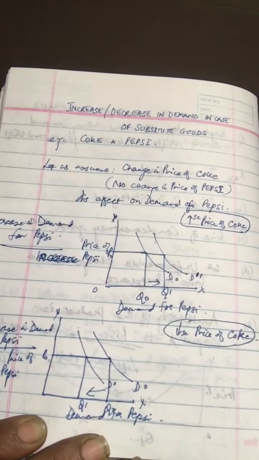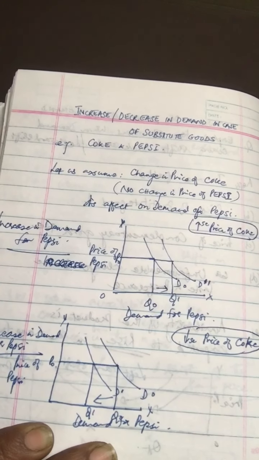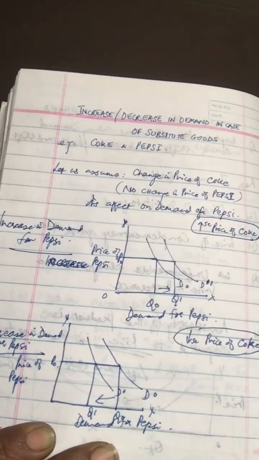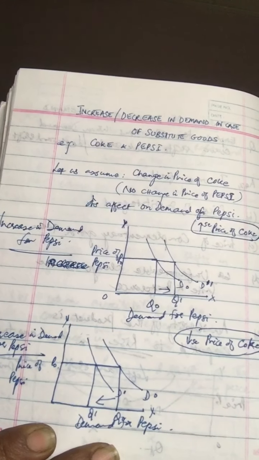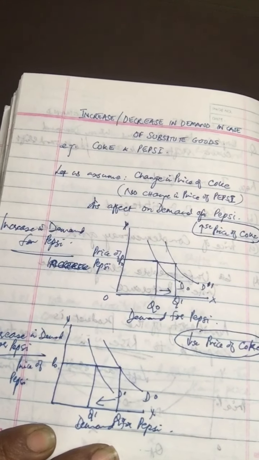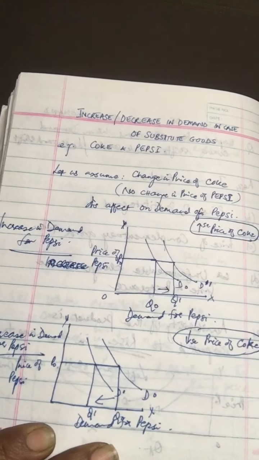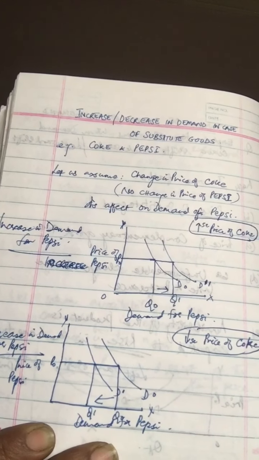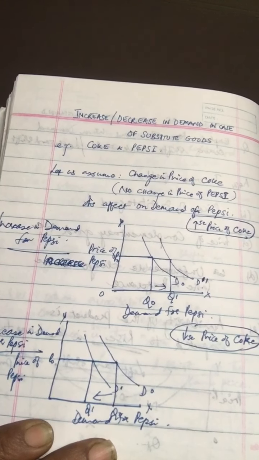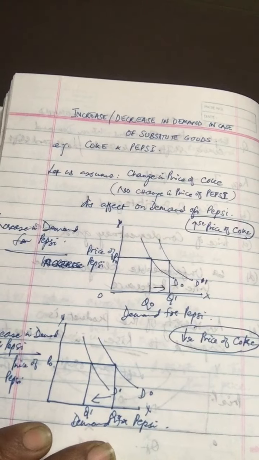So what happens? Suppose the price of Coke rises. Pepsi being a substitute good for Coke, its price remains the same at OP. Initially the demand was D0, that is D original, where the quantity bought was OQ0.